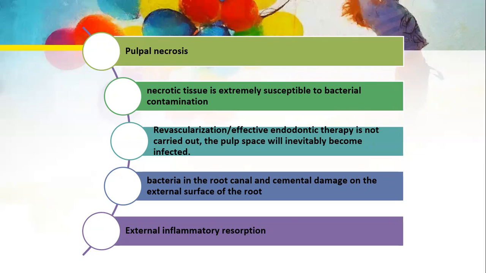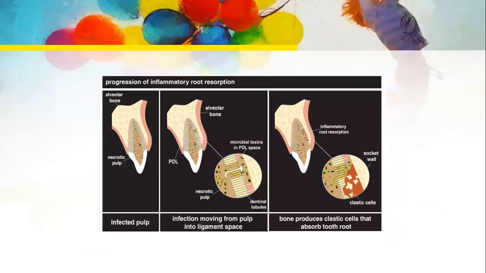So bacteria in the root canal and cemental damage on the external surface of the root happen. From this necrotic tissue, the bacteria will seep inside the dentinal tubules and cause external inflammatory resorption. Here you can see that initially there will be necrotic tissue.